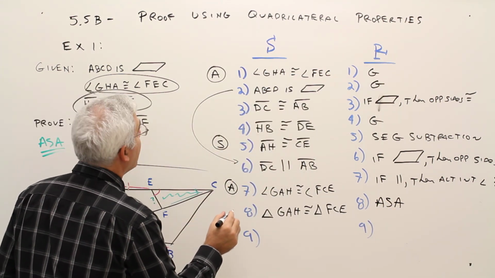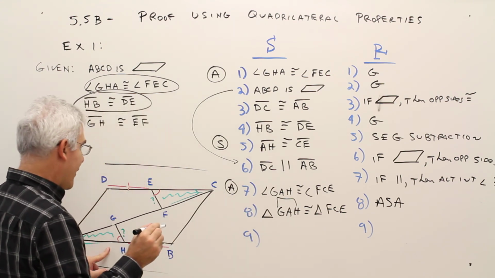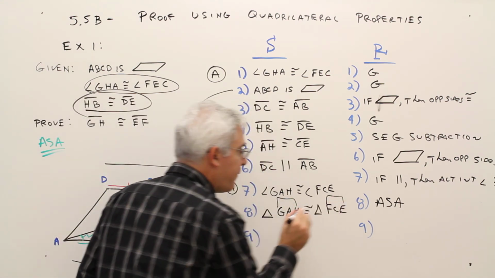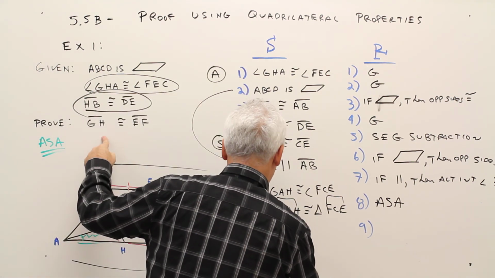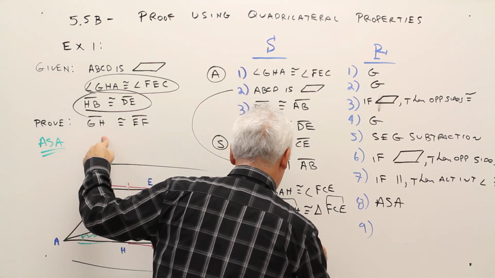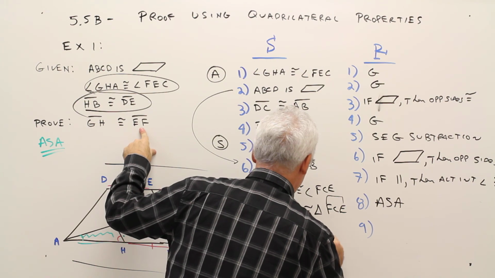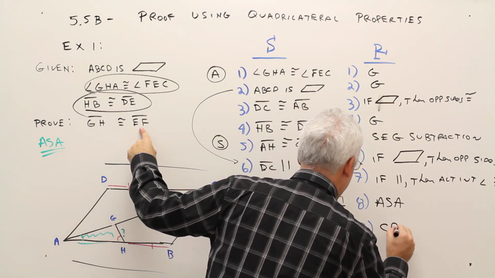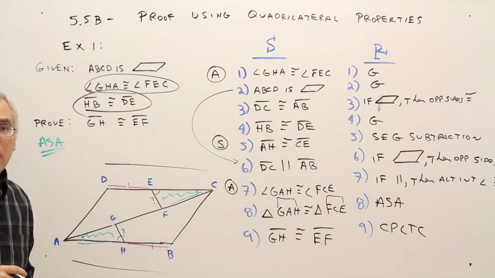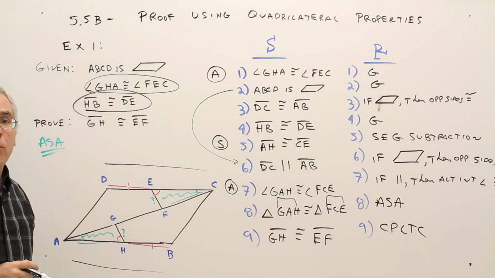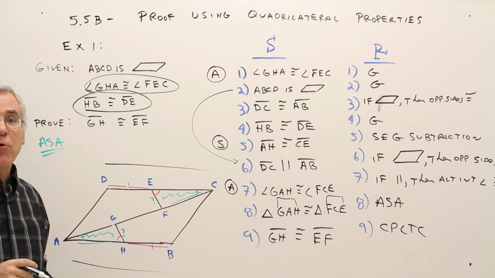So I've got first and last. So first and last, that makes sense with the ordering. So segment GH is congruent to segment EF by CPCTC. Whew. So there you have it, how to do a proof using quadrilateral properties.